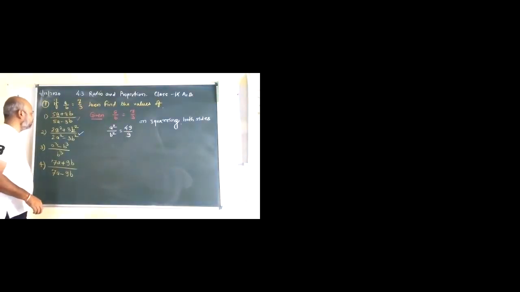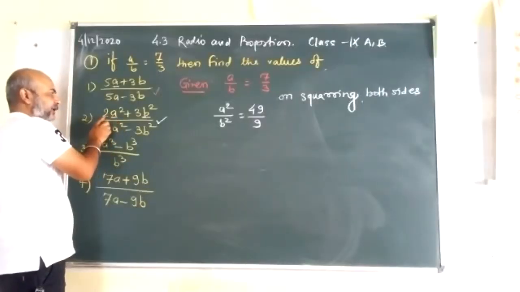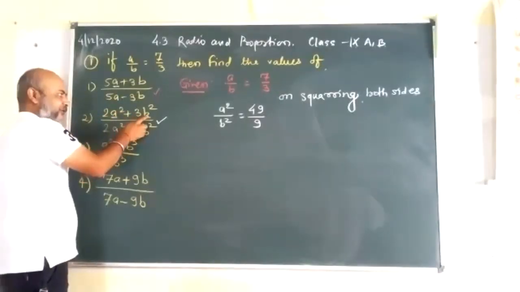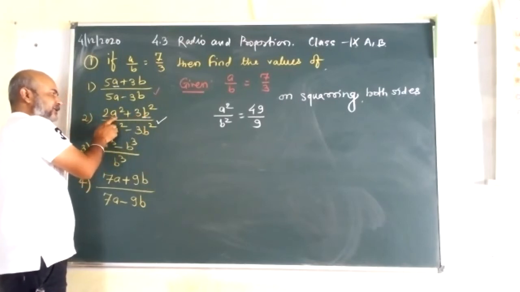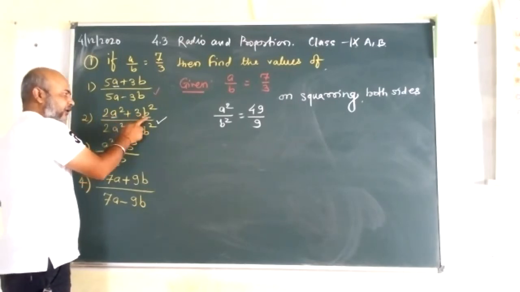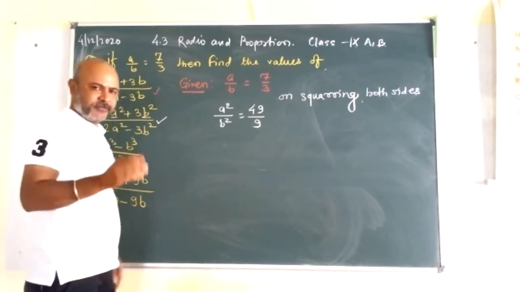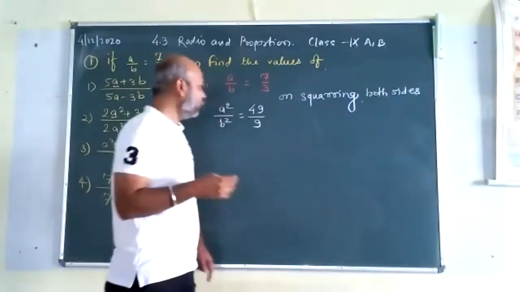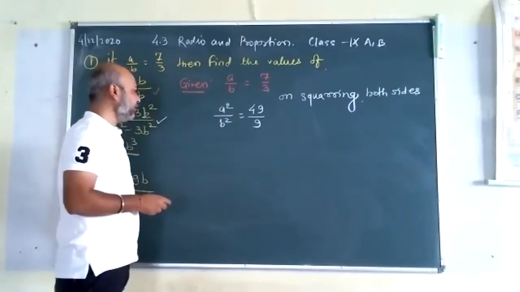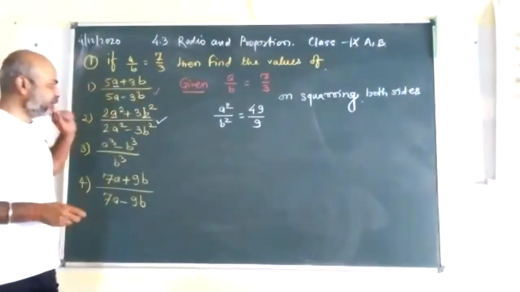Similarly, look here, with a square there is 2, and with b square there is 3. The coefficient of a square is 2, the coefficient of b square is 3. Therefore, you have to multiply on both sides by 2 upon 3.